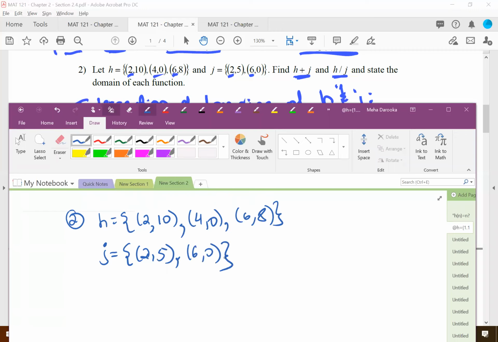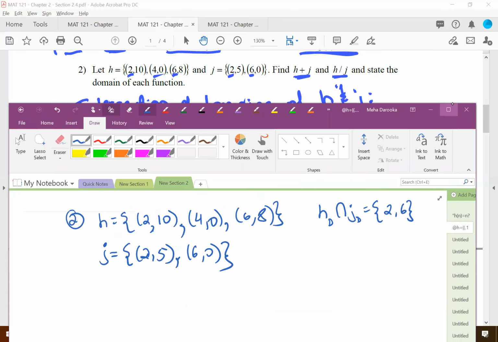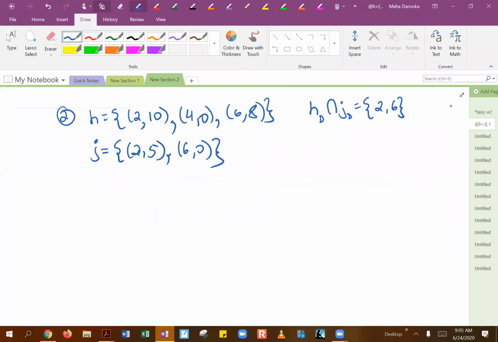Okay, and we know the intersection for the domain is going to be, and I'm going to write it using our set notation, the domain of the h function intersected with the domain of the j function came out to be 2 and 6, just what we had as our result over here. Okay, so let's see what we can come up with.